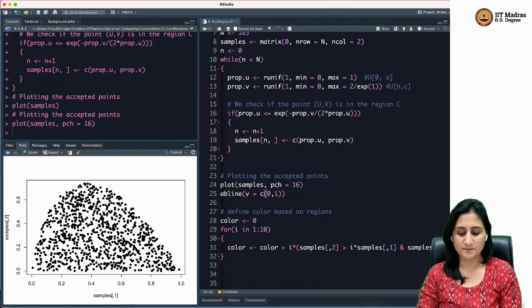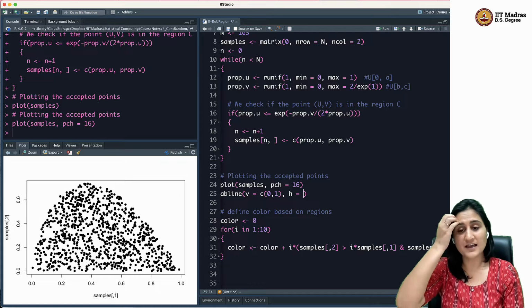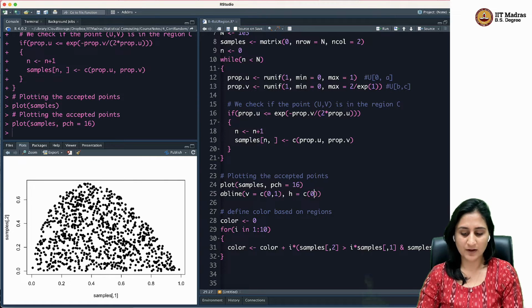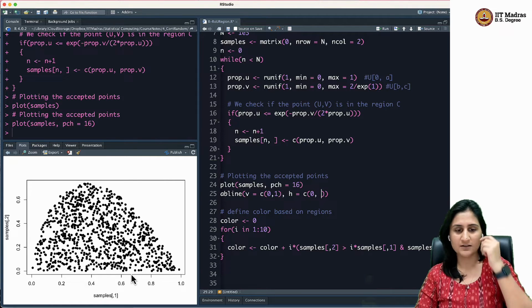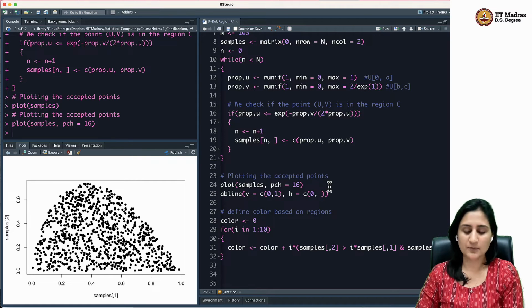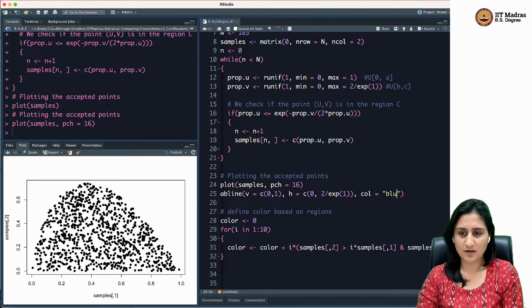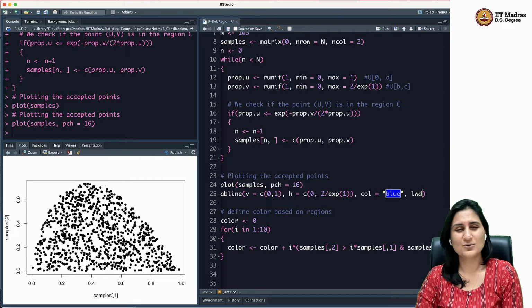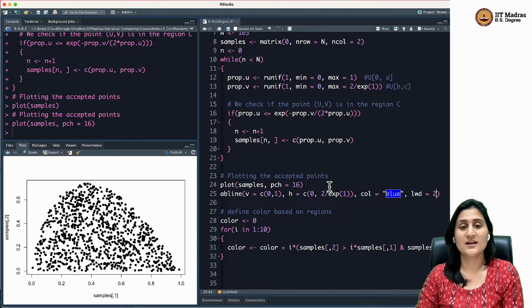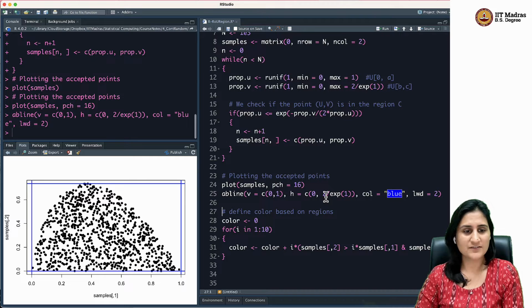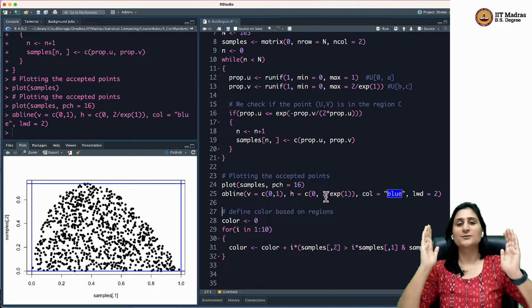The horizontal lines I need at 0 again, and at 2 by e, which is exponential 1. Let's color this in blue, and do a thicker line, so line width is 2. When I run this, I get this enclosing box.